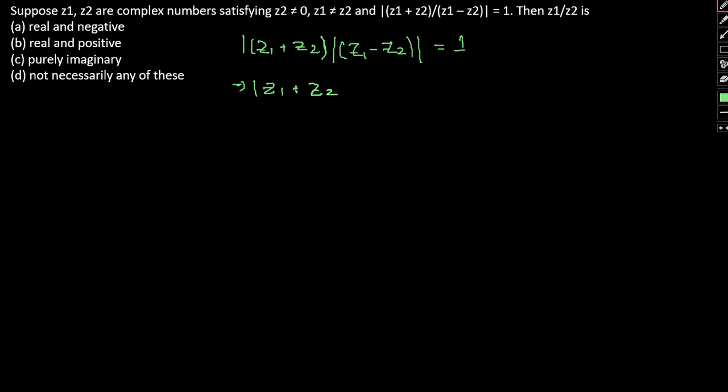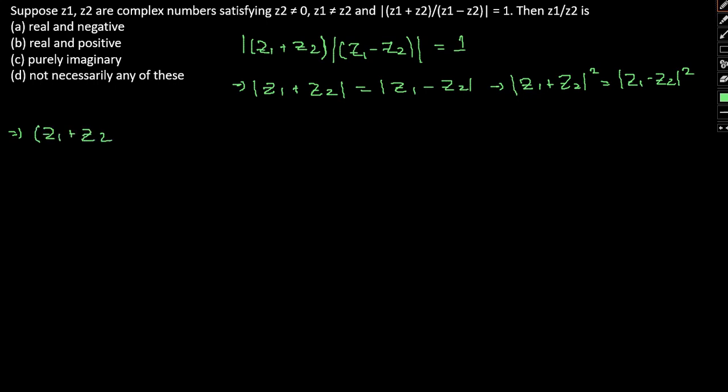Z1 plus Z2 whole square equal to Z1 minus Z2 whole square.